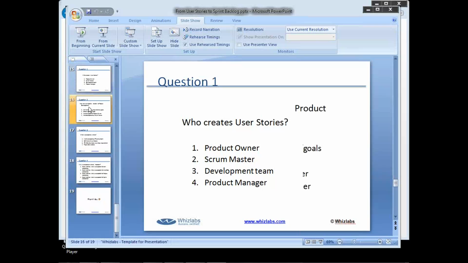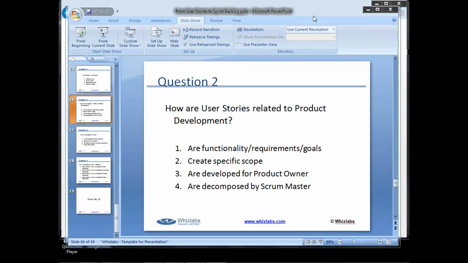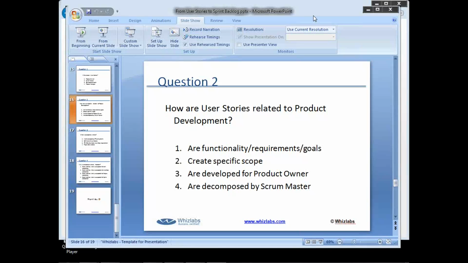Question number two. Let's see if I can get this question. Question number two says, how are user stories related to product development? So I'm going to be looking for your answer. How are user stories related to product development?